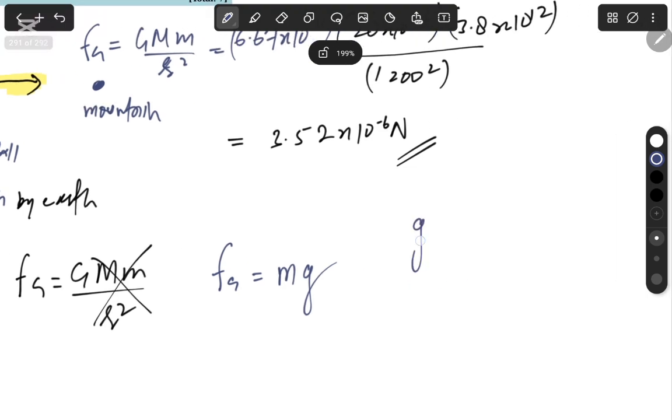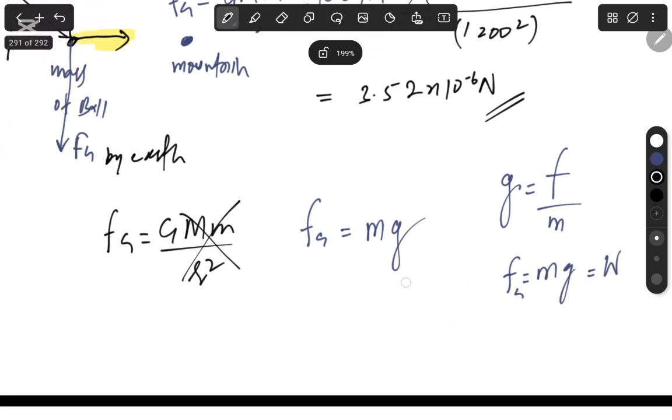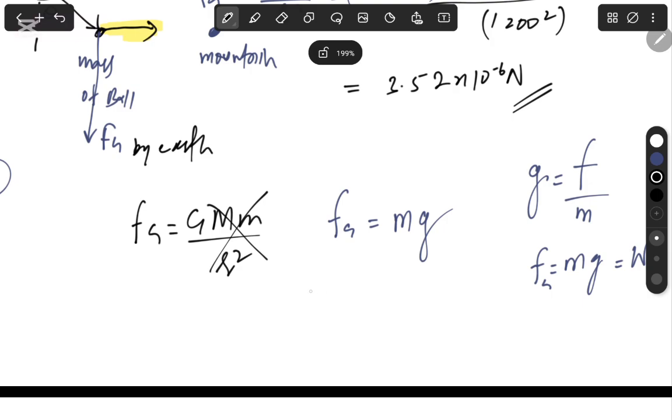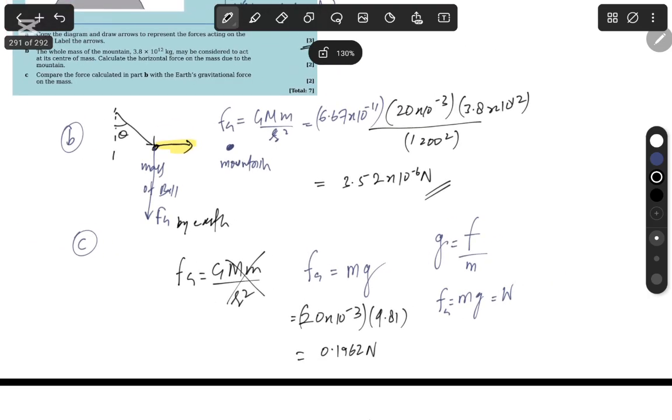We know that the gravitational field is just the force exerted per unit mass. So F equals mg, which is also the weight. So now we can say 20 times 10 to the power of minus 3 times 9.81. That's going to give me 0.1962 newtons. Okay, so that's the answer to that question.